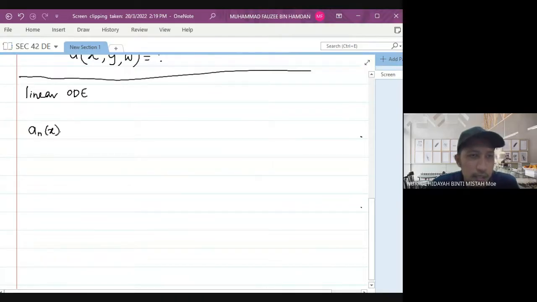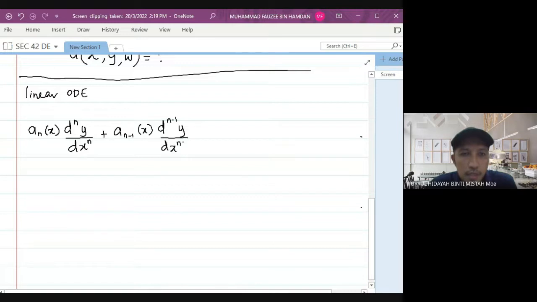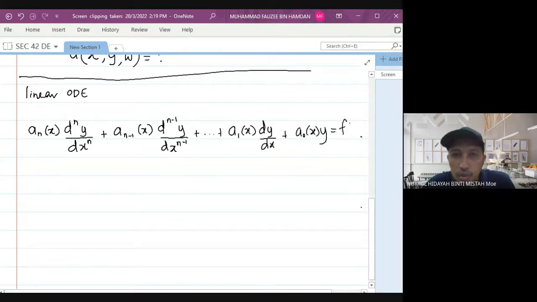The standard form is a_n(x) d^n y over dx^n plus a_(n-1)(x) d^(n-1) y over dx^(n-1), plus and so on, till we have a_1(x) dy over dx plus a_0(x) y equal to f(x).